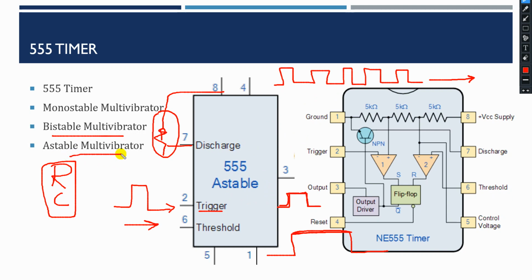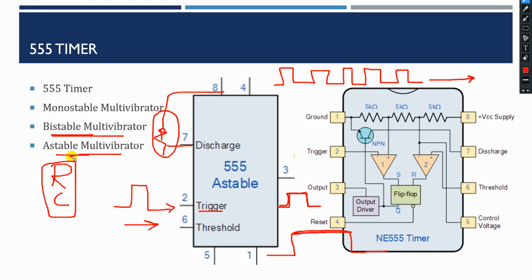Your astable is almost similar to bistable. The only difference between bistable and astable is that bistable produces a flip-flop output, that is on, off, on, off, on, and off. But when it comes to astable multivibrators, it produces very stable oscillations, usually generating a high accuracy free running waveform. We usually call it a frequency output.